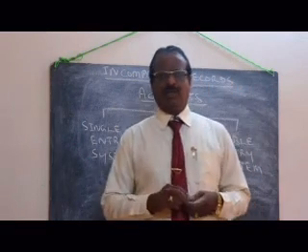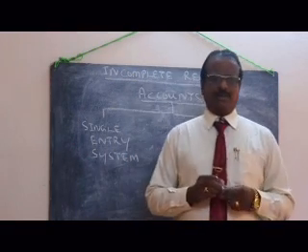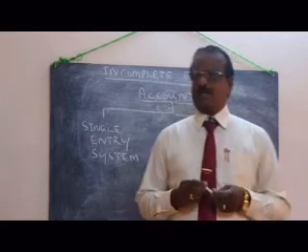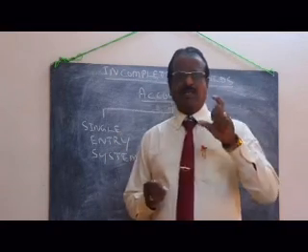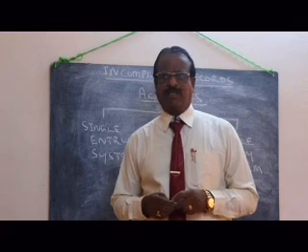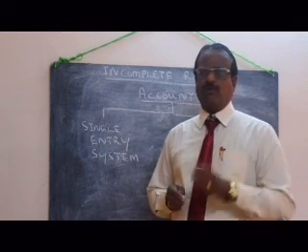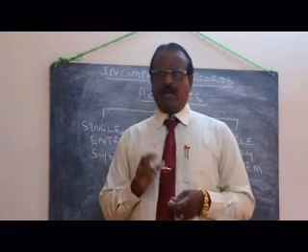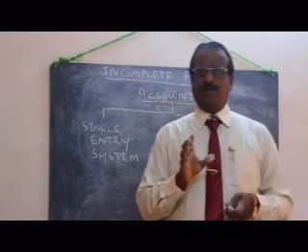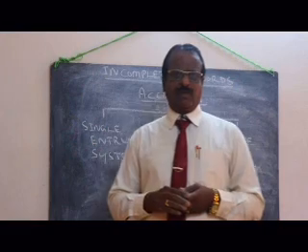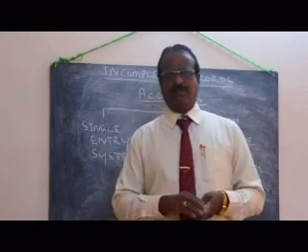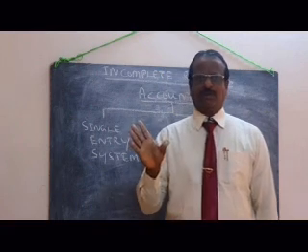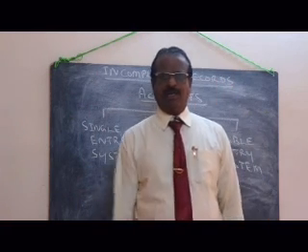The next point is limitations. What are the limitations of incomplete records? The first limitation is lack of proper accounts or lack of proper maintained records. In single entry system, they did not maintain proper accounts like the double entry system.